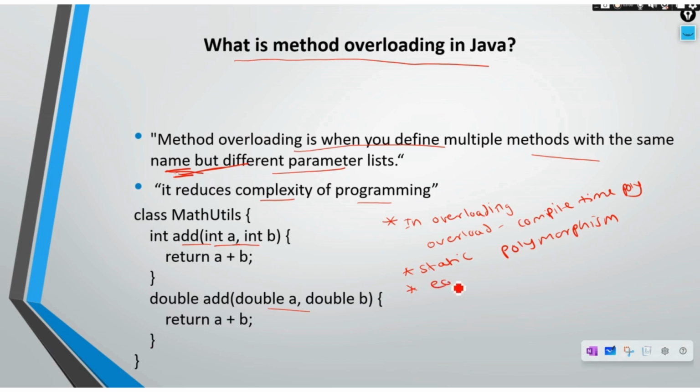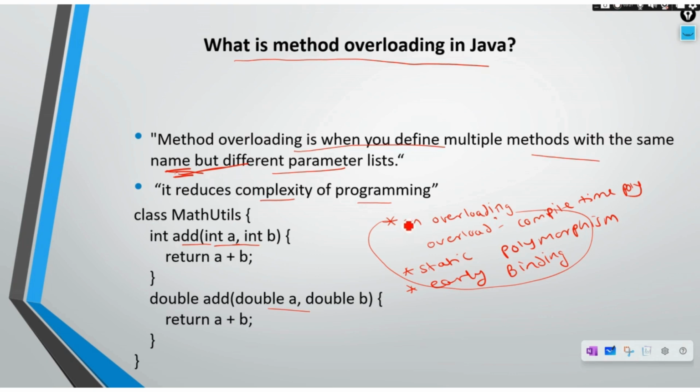I will add this in our notes so that you can check the video description, go to the notes, read them there, or take a PDF as well. So this is all about overloading.